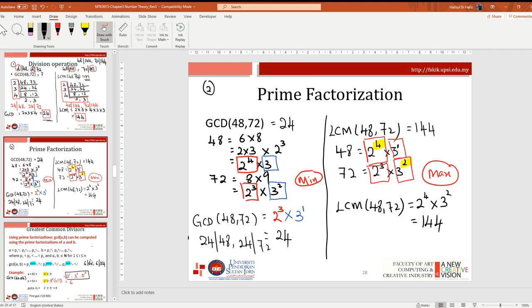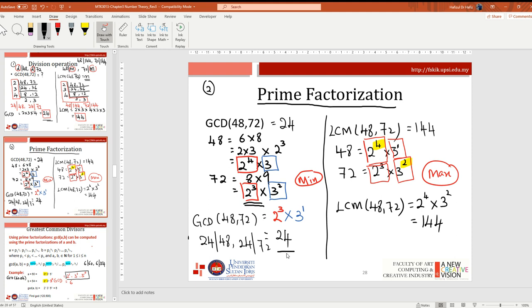And then for another example, 48 and 72, we have the prime factorization. This one I have explained earlier. We have 48 as 2 to the power of 4 multiplied by 3, and 72 as 2 to the power of 3 multiplied by 3 squared. We take the minimum here: 2 to the power of 3 multiplied by 3 to the power of 1.